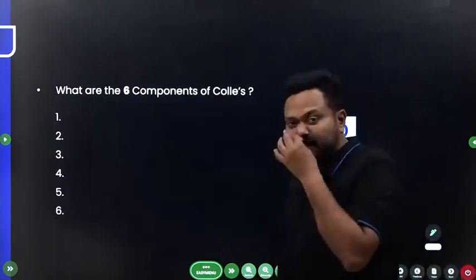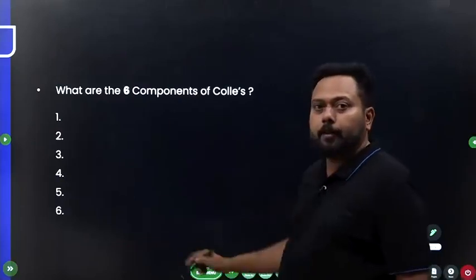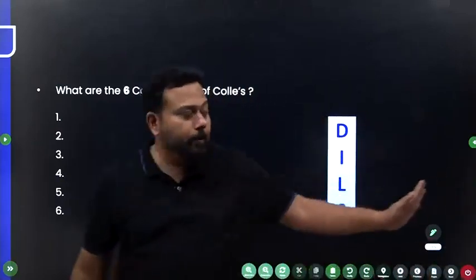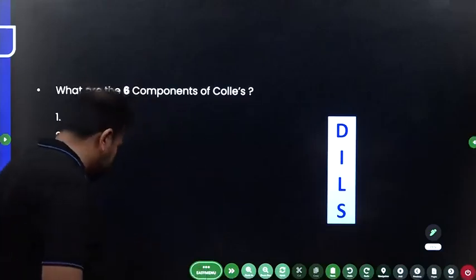Then, what are the 6 components of Colles? Gold standard question. I had given you a mnemonic, DILS. Just remember like this.